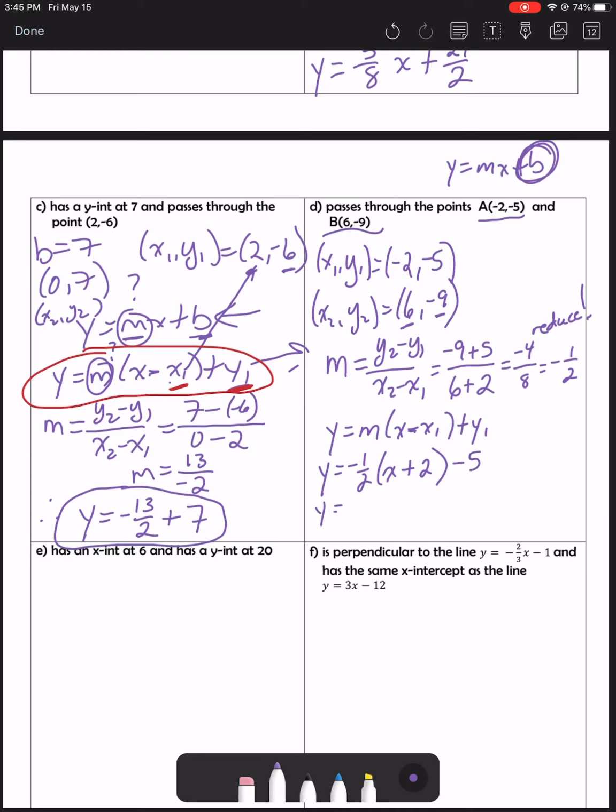So y equals, expand this out, negative 1/2 x, and then negative 1/2 times 2, that 2 and that 2 are going to cancel, so that's just a minus 1, minus 5, so y equals negative 1/2 x minus 6 is the answer.